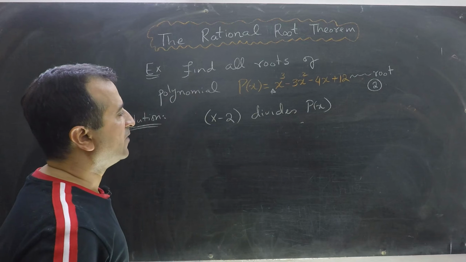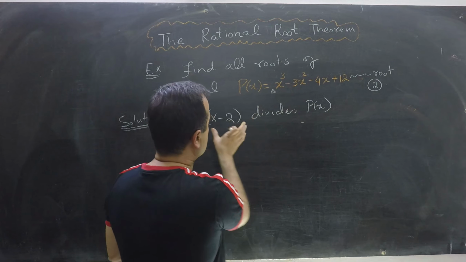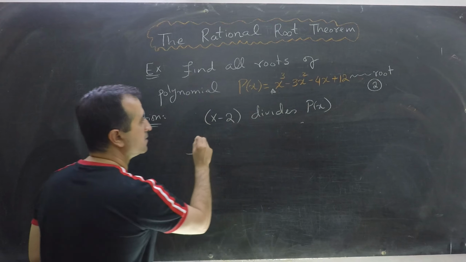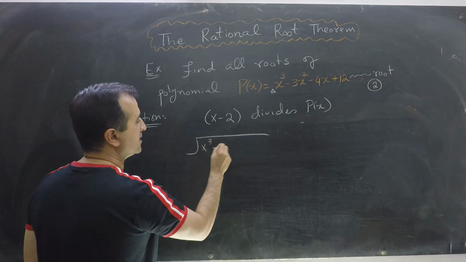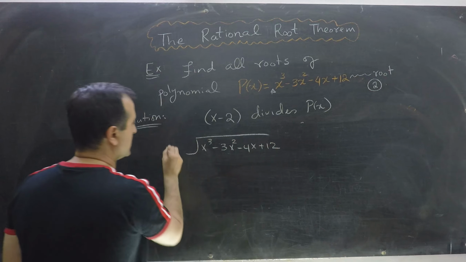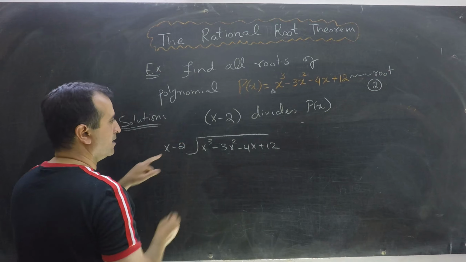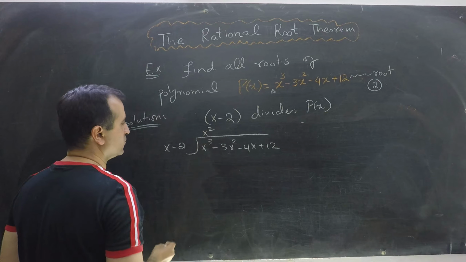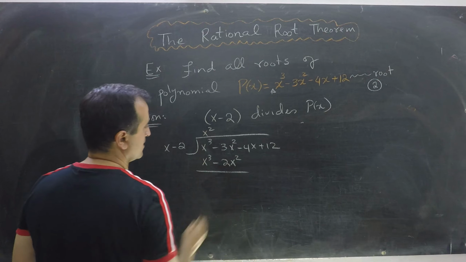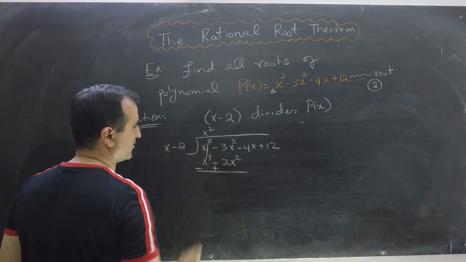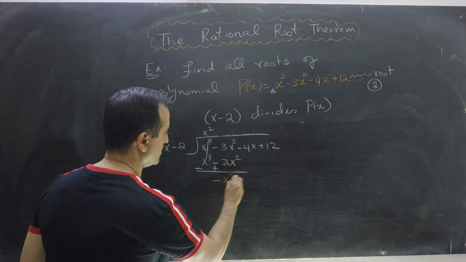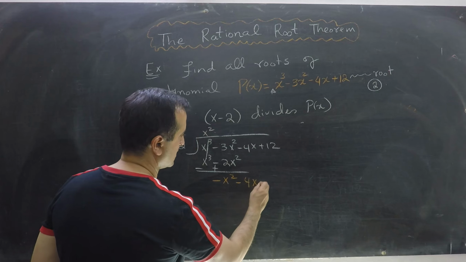Therefore, I can find the rest of the polynomial that doesn't have this root by dividing p(x) by this. x^3 - 3x^2 - 4x + 12 divided by x - 2. I have to multiply it by x^2. It will be x^3 - 2x^2, and these terms will cancel. I will get here -x^2 - 4x + 12.